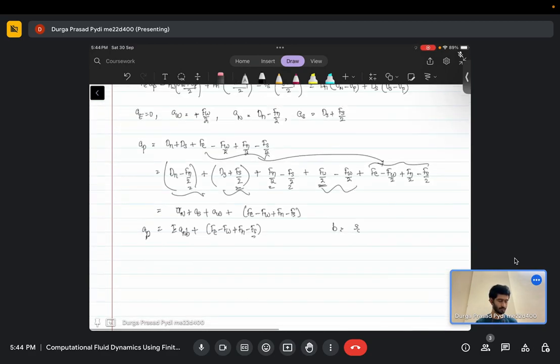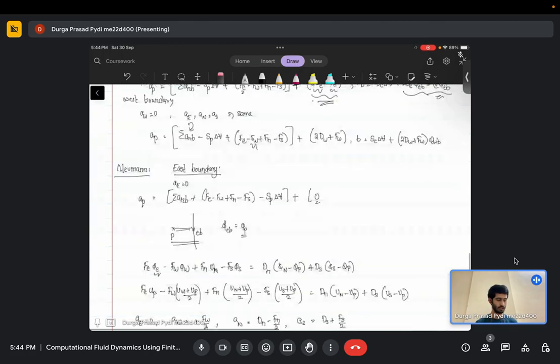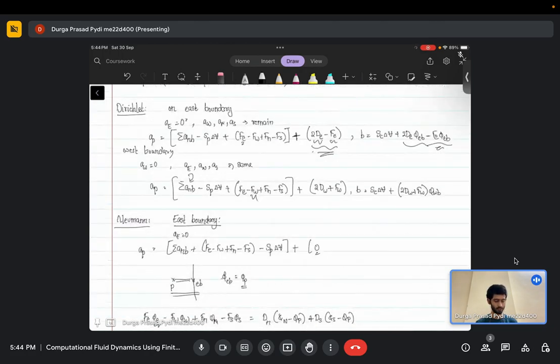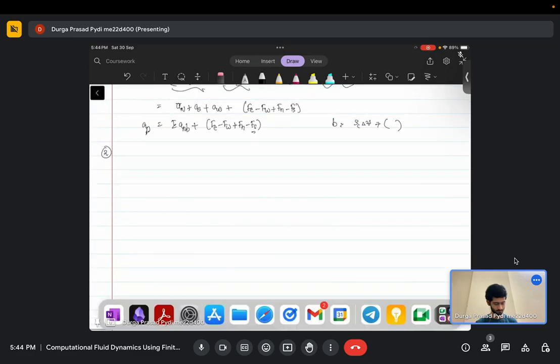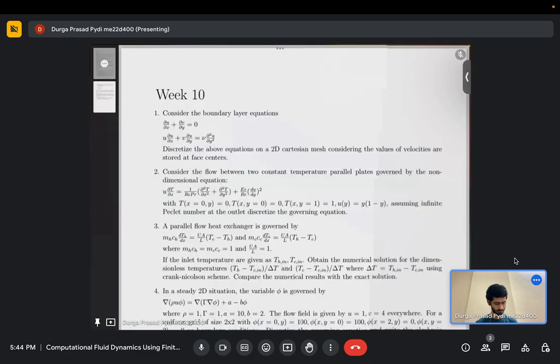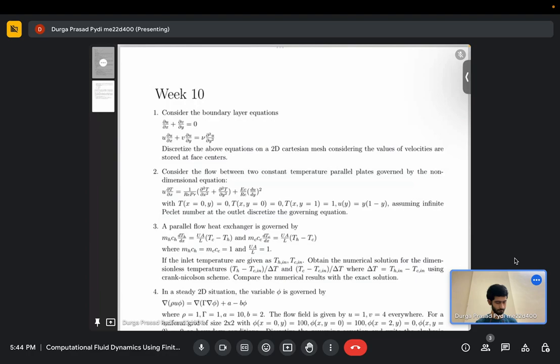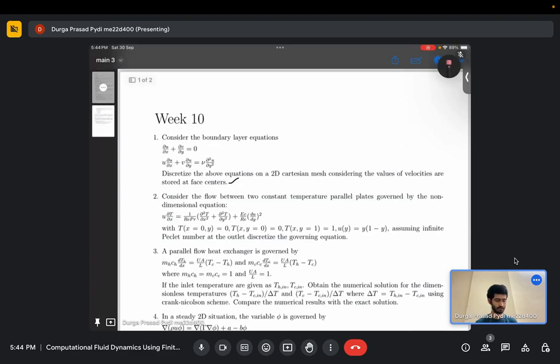If you have a source term, it will be Sc times del W. You don't have any additional terms coming up like you have in the case of a Dirichlet condition. So we just got the equations. We will actually solve them maybe in the next session after the SIMPLE algorithm is discussed.